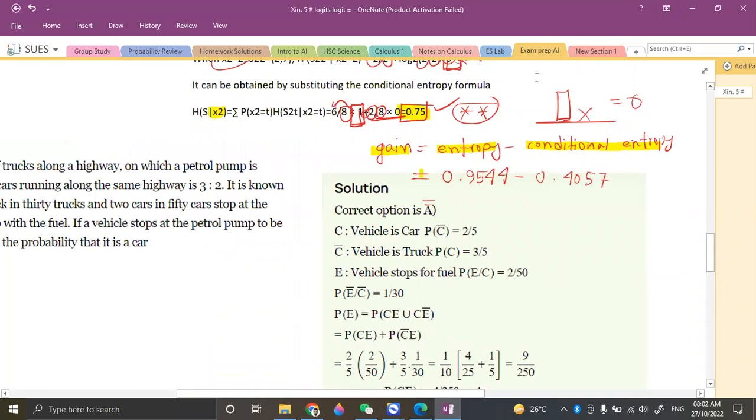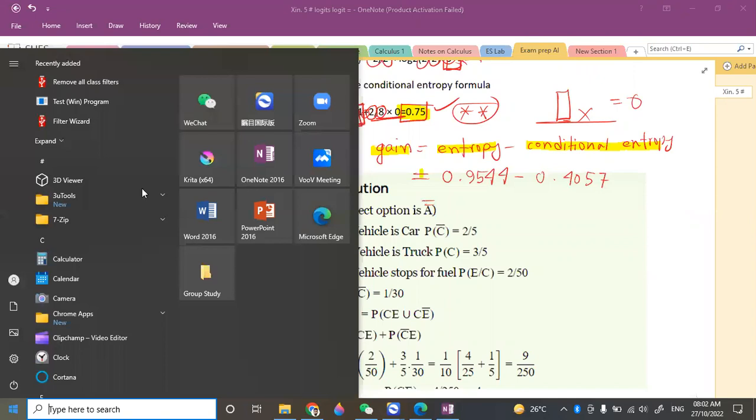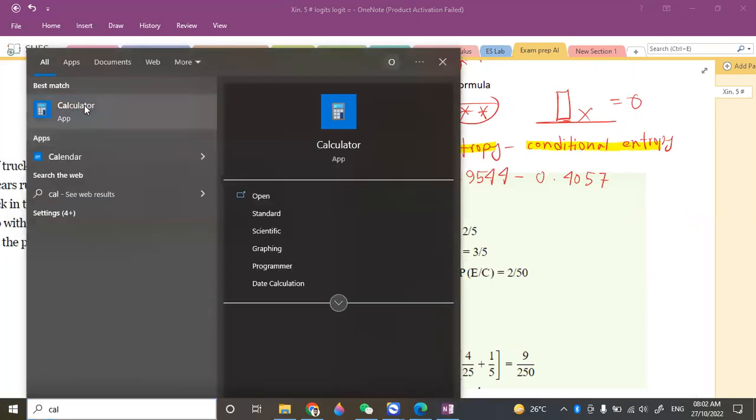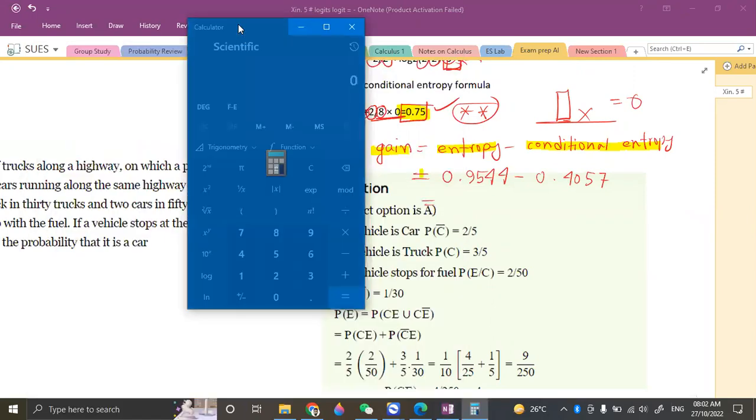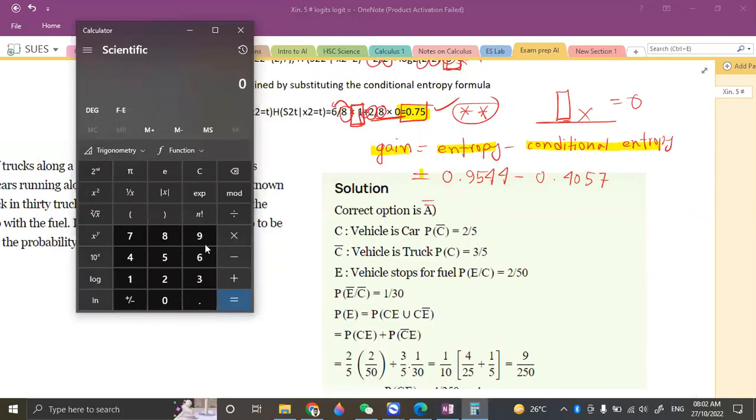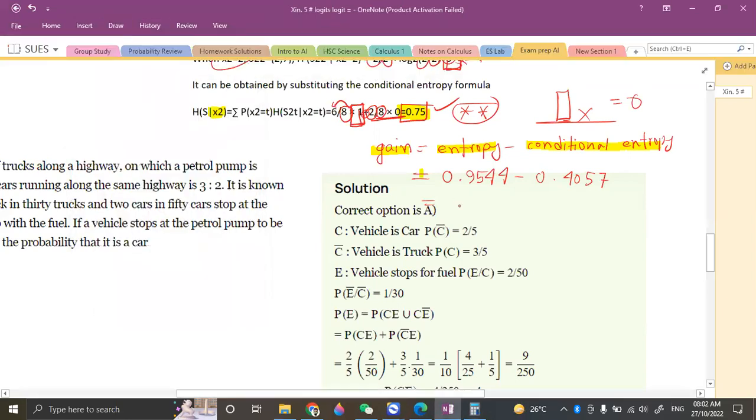So if we calculate 0.9544 minus 0.4057, the answer is 0.5487. This is for x1.